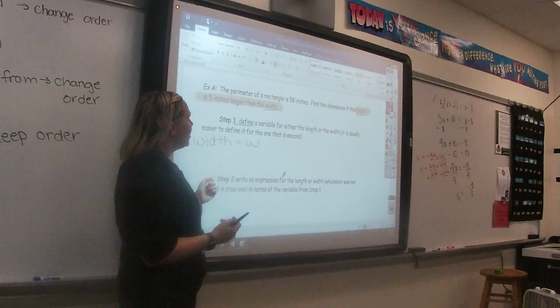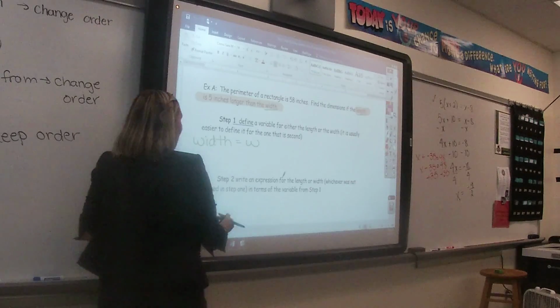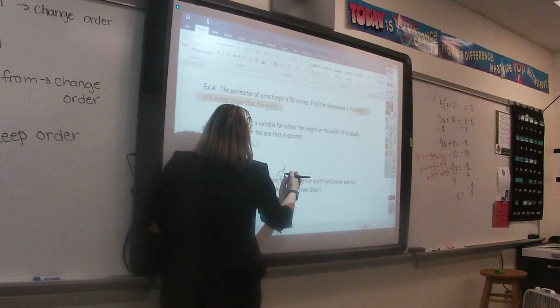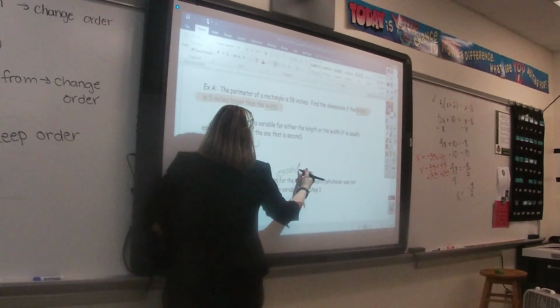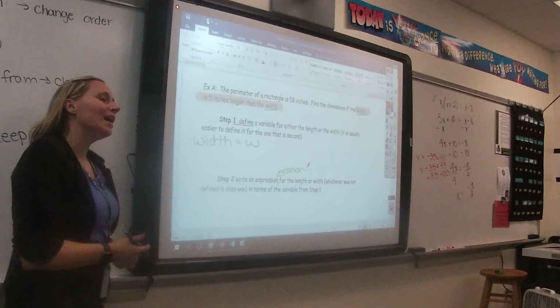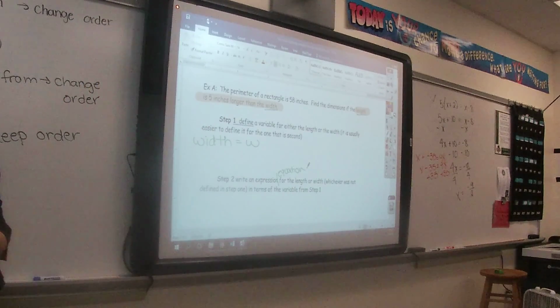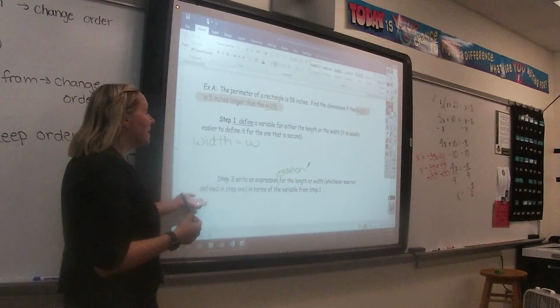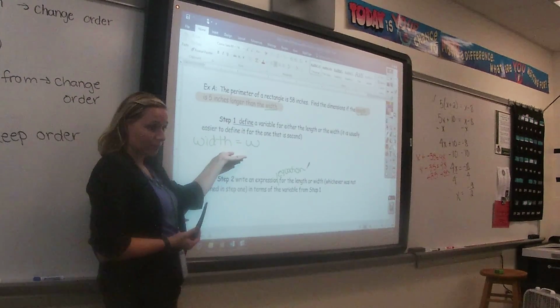Okay, step two. I question myself on this writing every single time. We're going to write an equation, but it's based on the comparison piece, which is an expression. Either way, we are going to write an equation for whichever one we didn't define from up here.